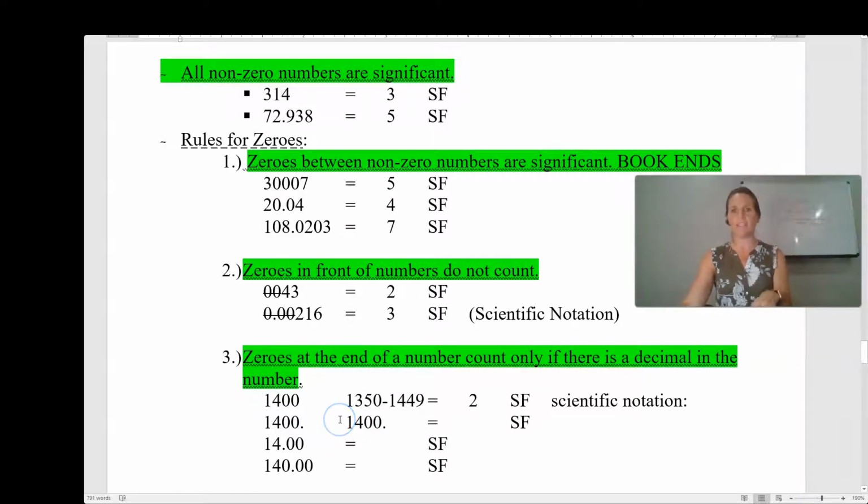No funny business, no rounding, just exactly that number. So a number like 1,400 with a decimal place has 4 significant figures because we are being very exact. The same thing happens with 14.00.